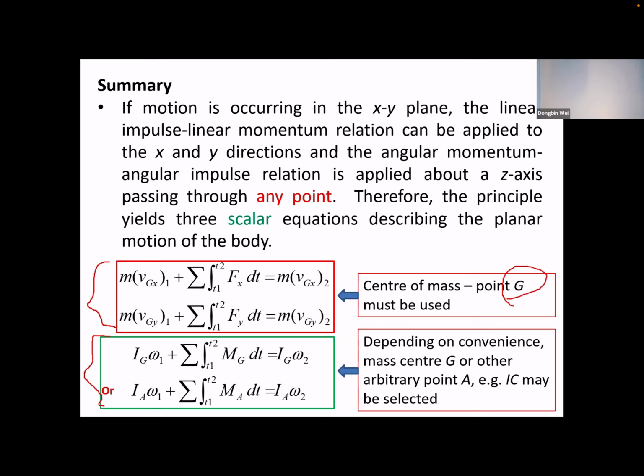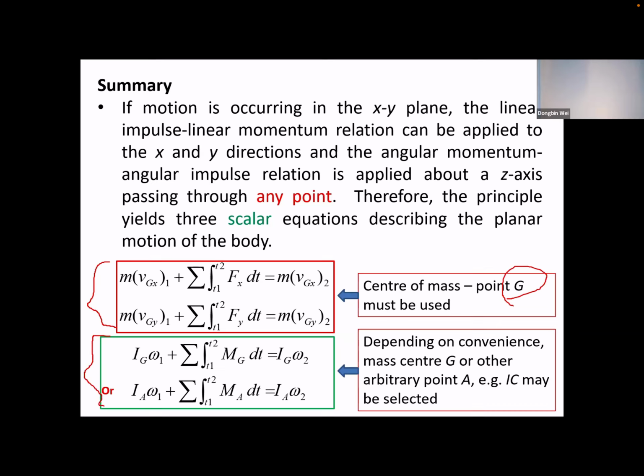So here, three scalar equations. The first two are for linear impulse and momentum, and the third one is for angular impulse.